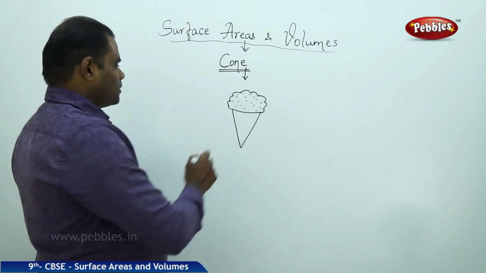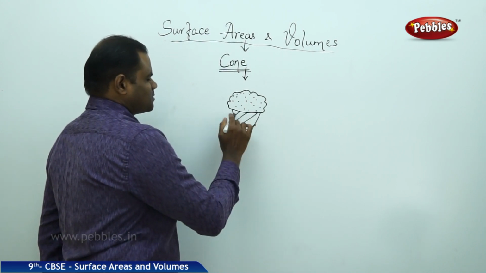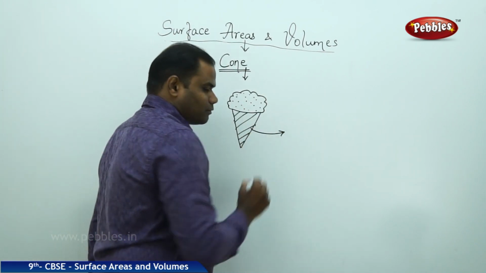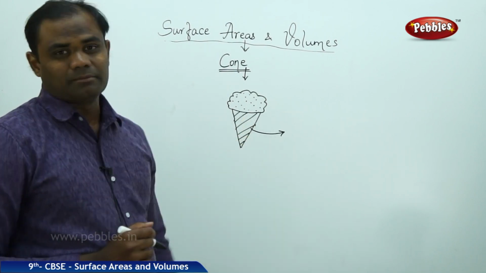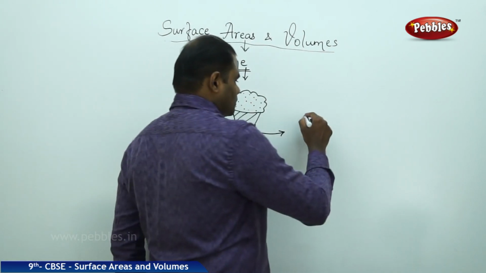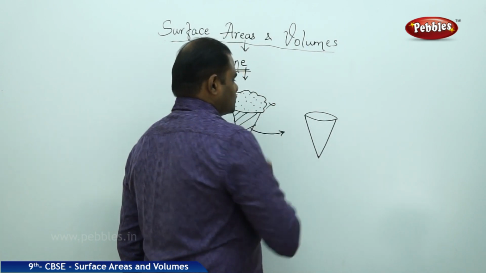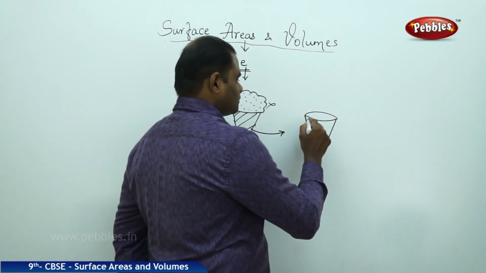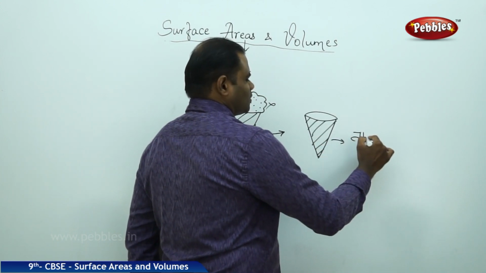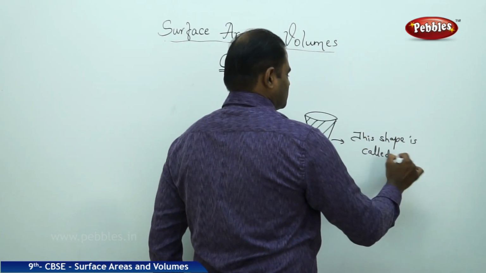The cream is on the top, but we clearly see this shape has its specific definition in mathematics. A cone, which looks like this without the cream, is called a cone.